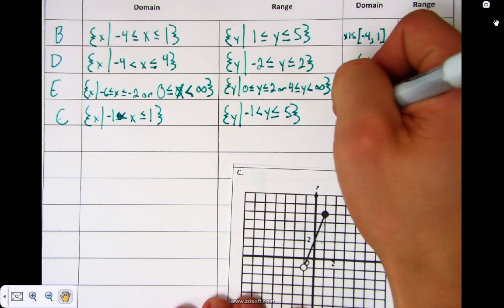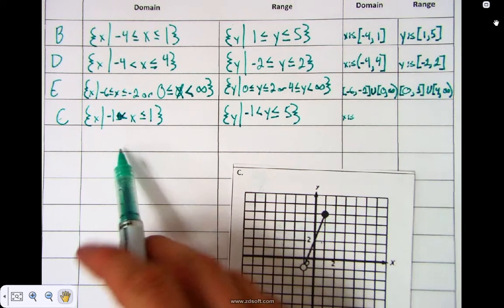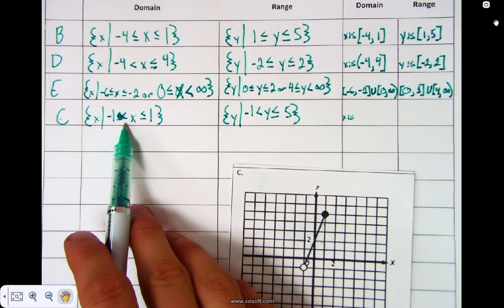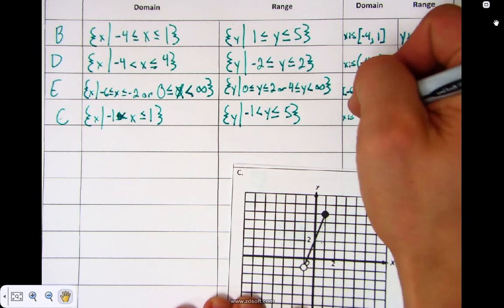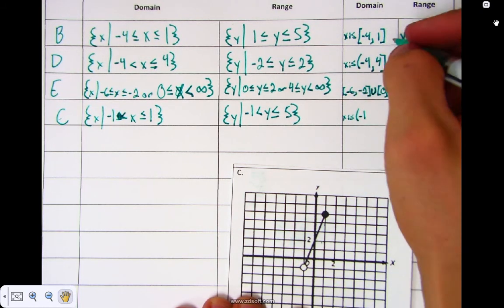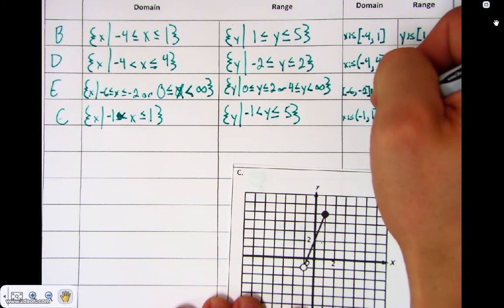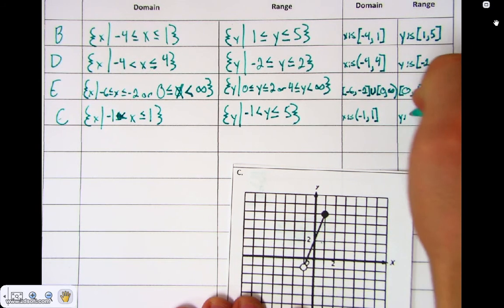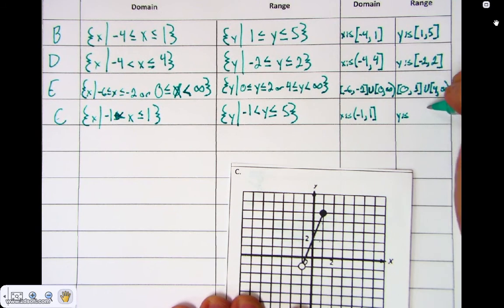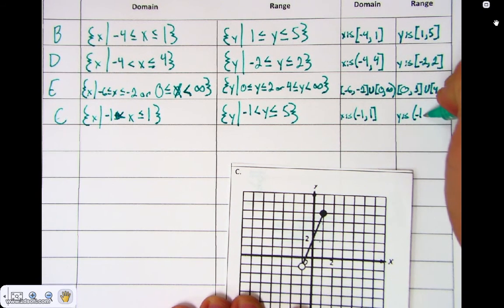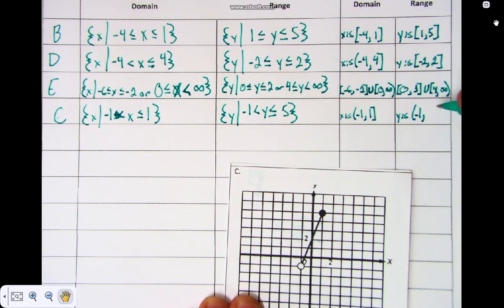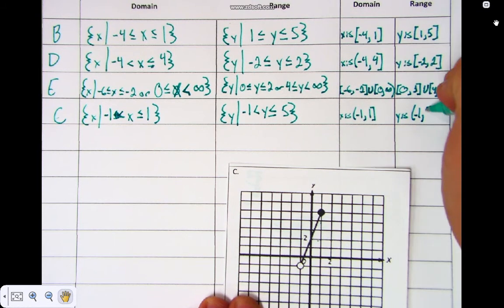So x is, that is a strictly less than, so it's going to be parenthesis -1, then it's a bracket 1. Y is going to be parenthesis -1 to bracket 5.